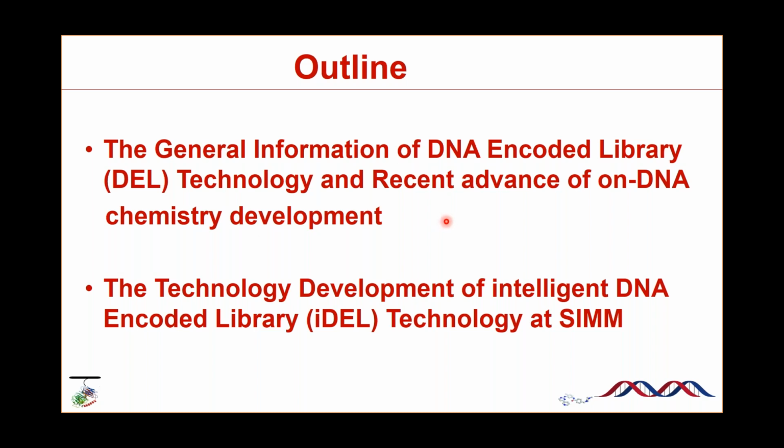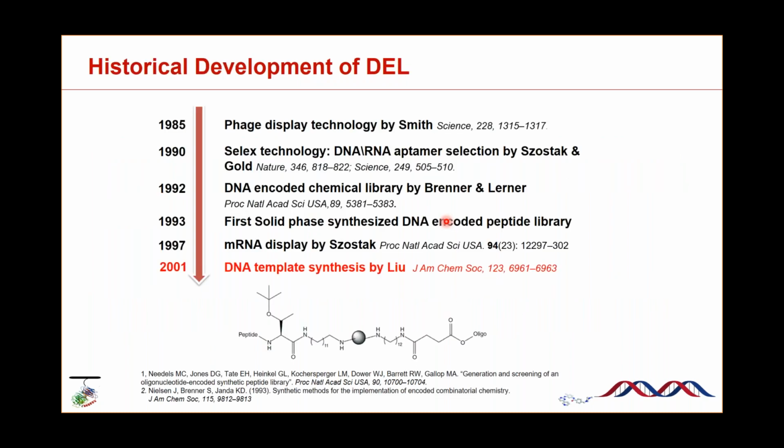And just a little about the historical development. They were inspired by phage display and selection technology. Professors Richard Lerner and Brenner came up with the concept of using DNA as a barcode to encode a chemical library.